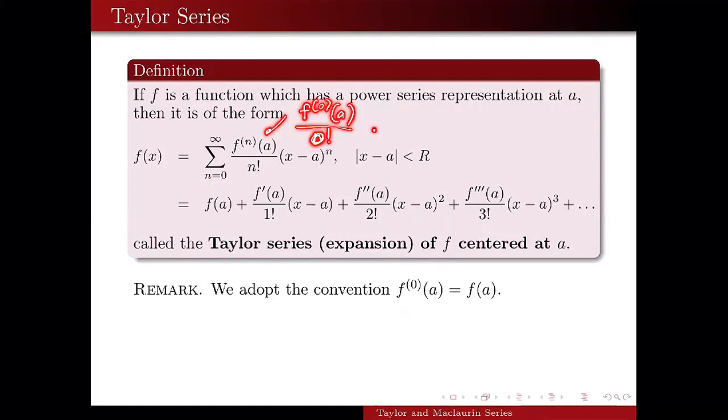From the convention, that's just your f of A here. And you know that 0 factorial is just 1. That's how we define 0 factorial. So we'll just have f of A on this. Okay?